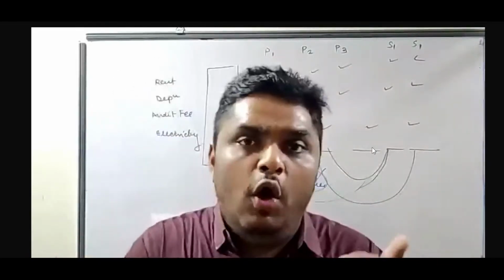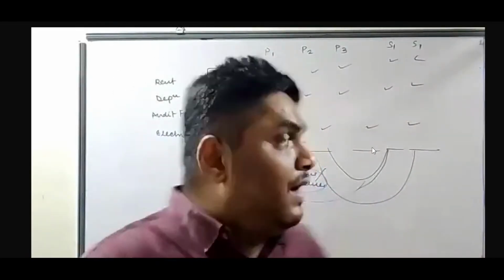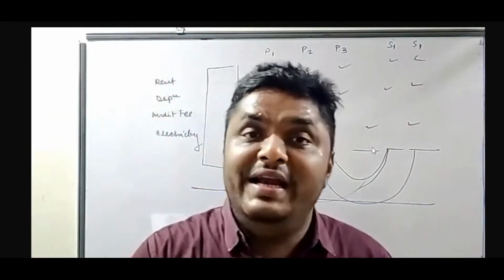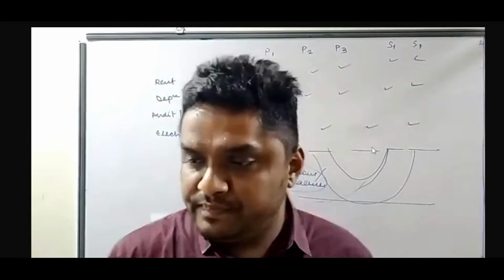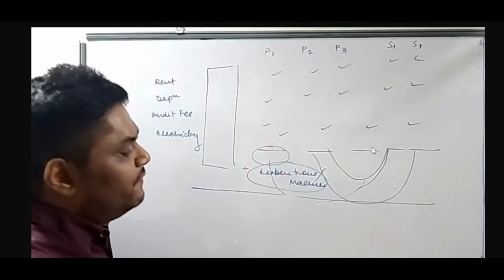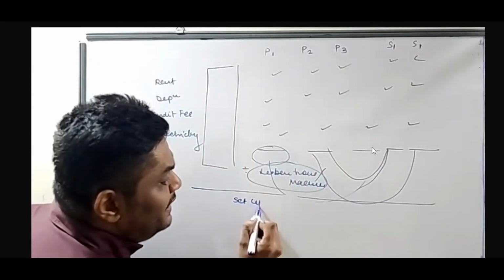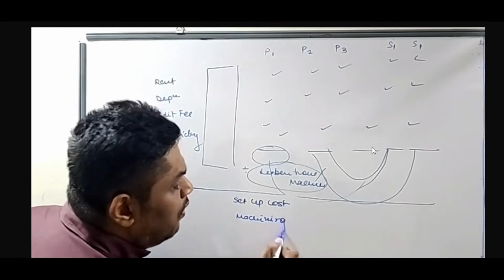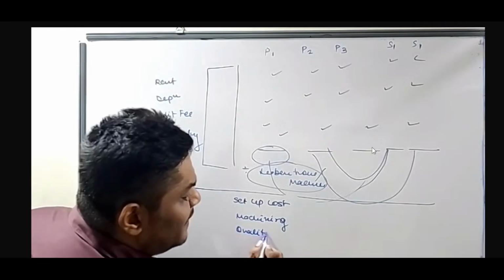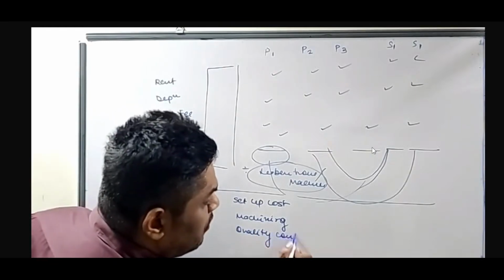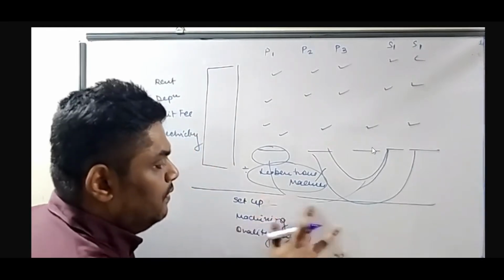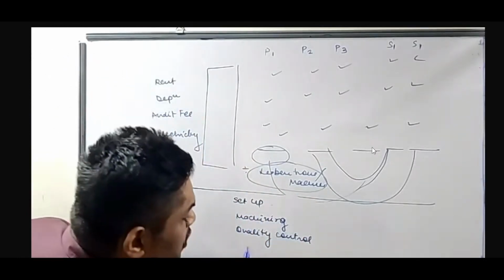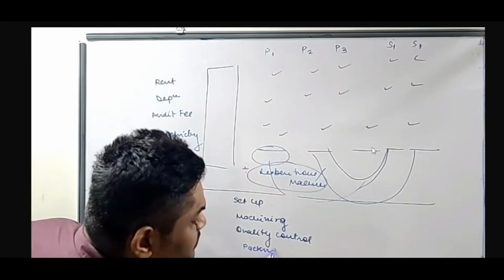Instead of absorbing all the overheads using one base, better identify the activities of the organization. Let's say the various activities of the organization are setup cost, machining cost, quality control and inspection, or we can say packing and finishing.